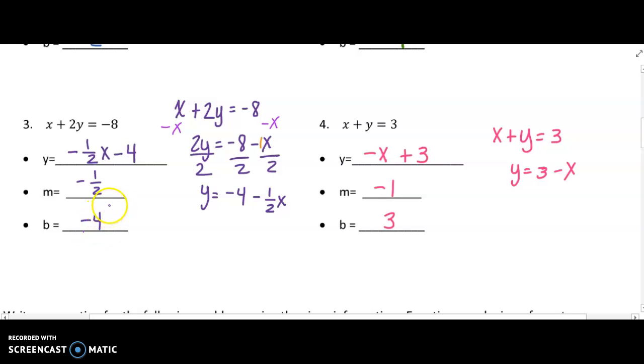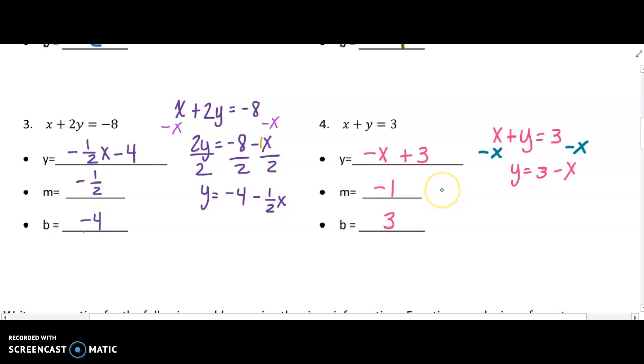Okay, and then number 4, we have x plus y equals 3. All right, and so then we subtract. Let me do this for y'all. Okay, subtract x from both sides. All right, so 0 over here, right? So I'm left with y. And I have 3 minus x. There's how I got the minus x over there. All right, how many of y'all right here put minus x there?